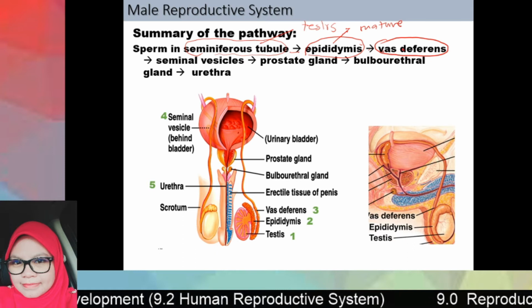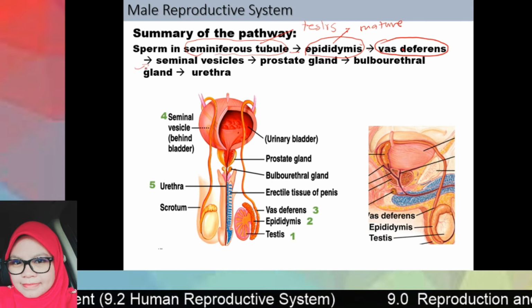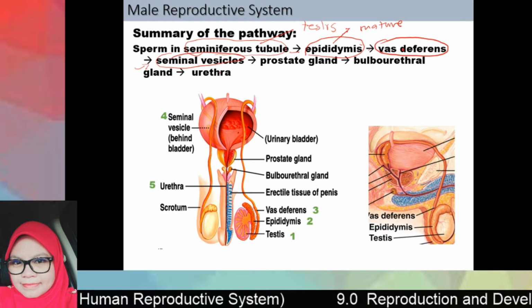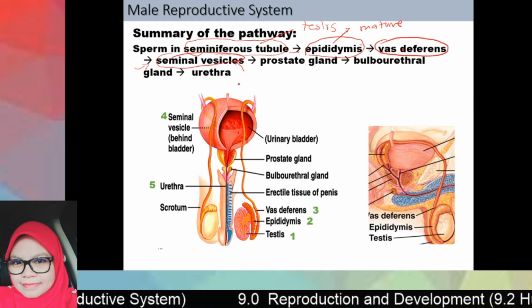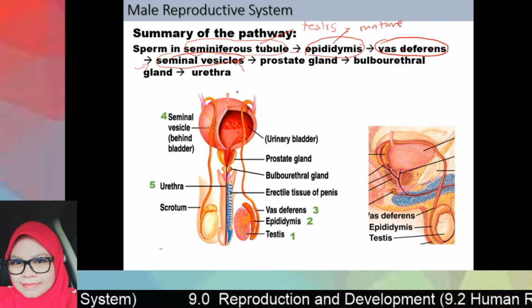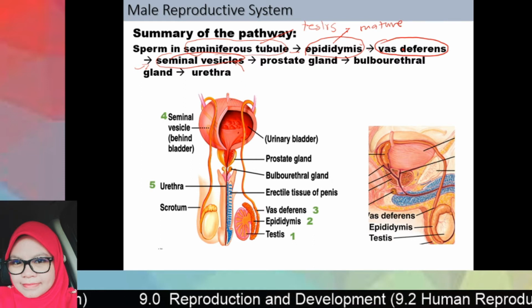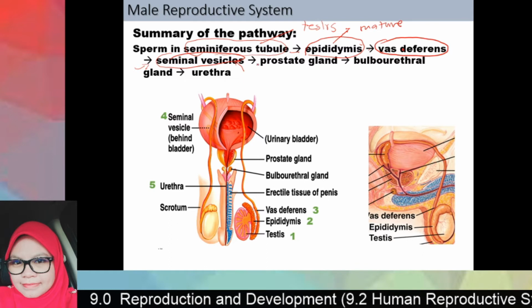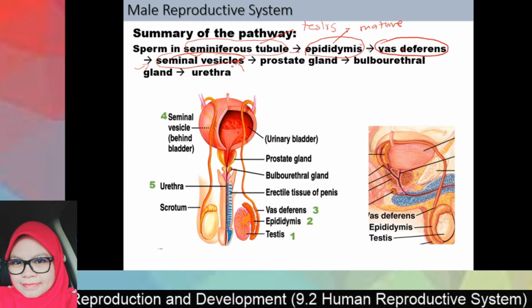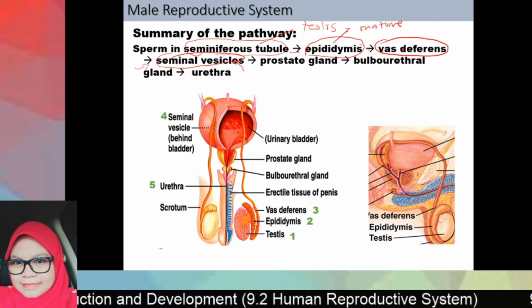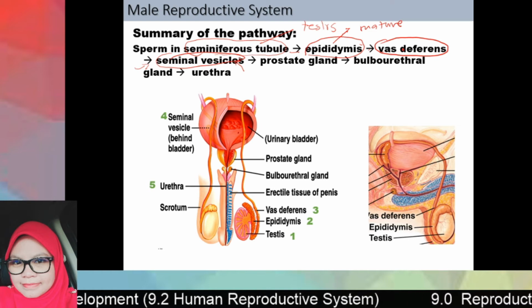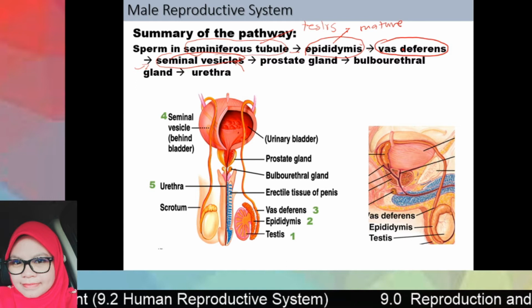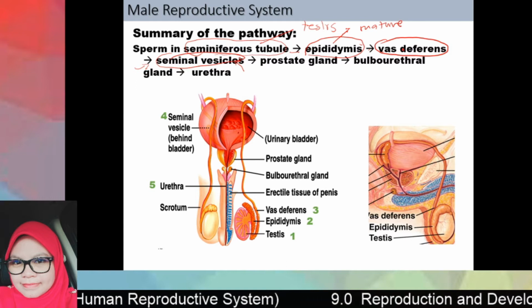And then the sperm will pass by the seminal vesicle. The seminal vesicle will secrete the fluid, the thick yellowish alkaline fluid. This is to make sure that the sperm is able to survive in the female reproductive tract.